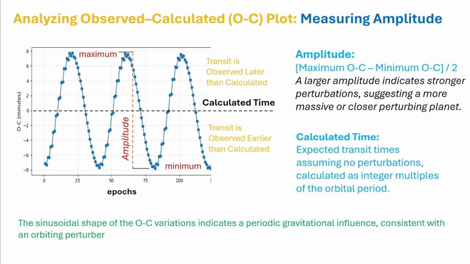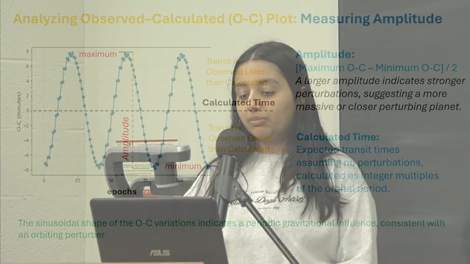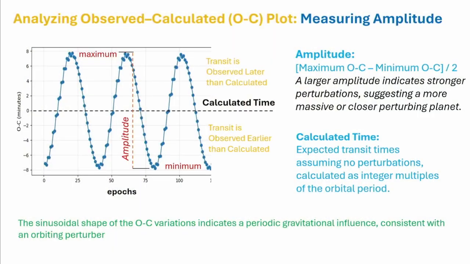To calculate the amplitude, I simply took the maximum, so the latest the transit ever was, so maybe about 8 minutes, and I took the earliest the transit ever was, so -8 minutes. Basically, I found the absolute difference, looked at the amplitude, and then divided it by 2. A larger amplitude would indicate that these perturbations are much stronger, suggesting either the planet is much more massive or it's much closer or in resonance.